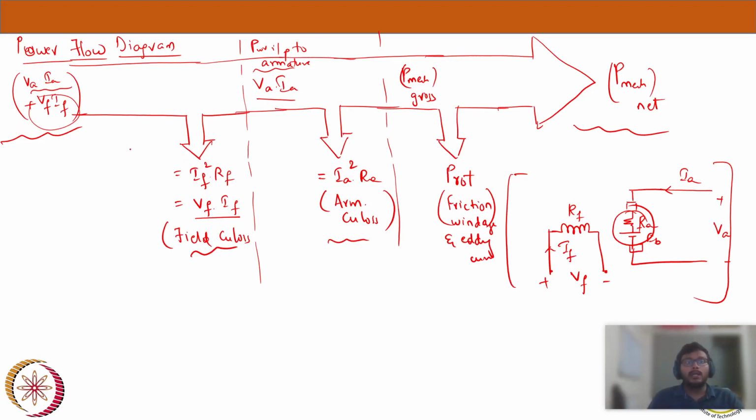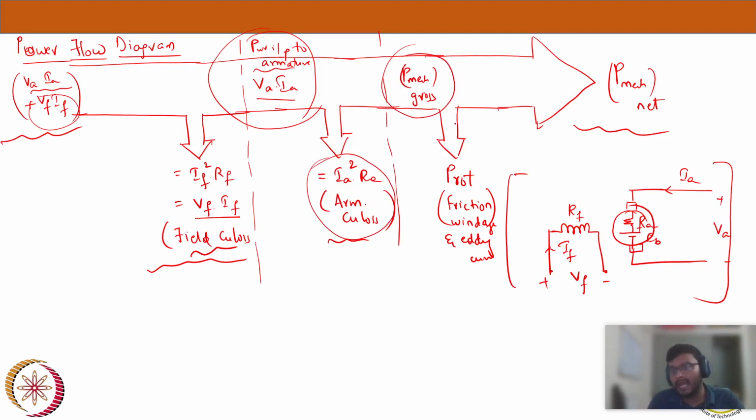Okay. Now once again, the important point to remember is, once we neglect the field copper loss, the power which is left is called the power input to the armature, that is VA into IA. Once we remove the armature copper loss, the power left is the gross mechanical power.